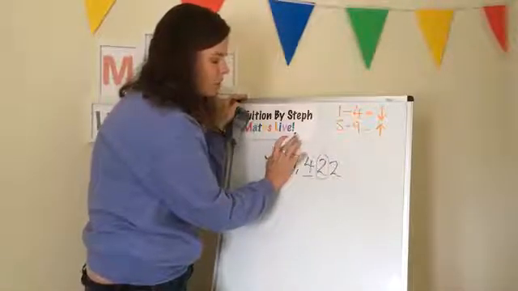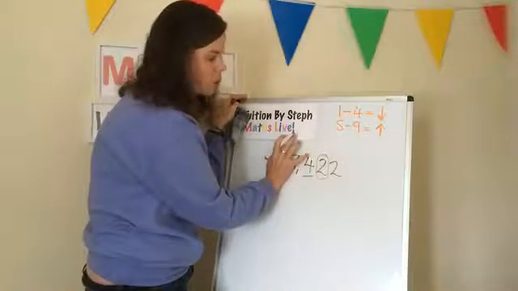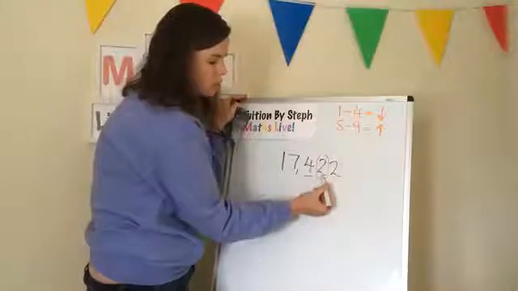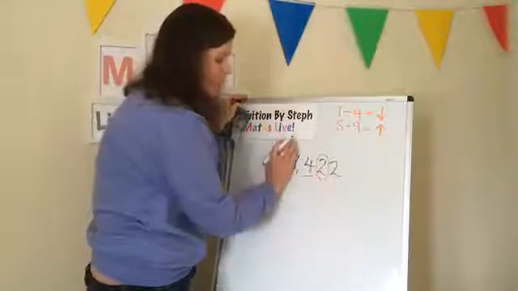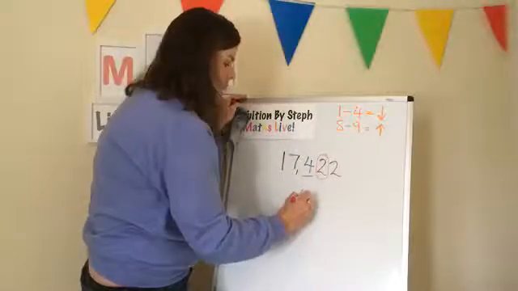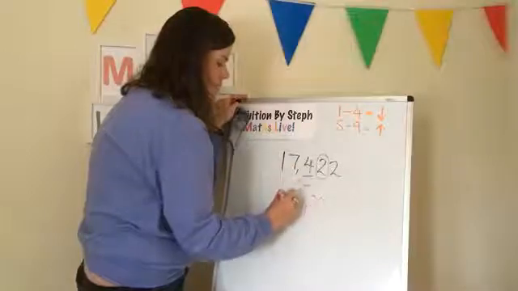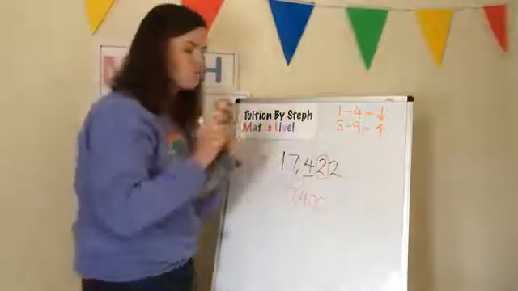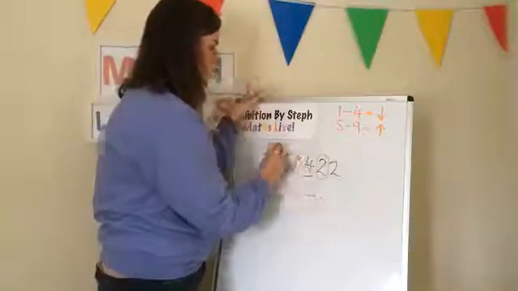It's currently in the 400s. Could it go up to the 500s? Well, no. Because the digit next to it is a 2, and 2 means stick. So we stick in the 400s, but don't forget the rest of the number. So 17,422 to the nearest 100 is 17,400.